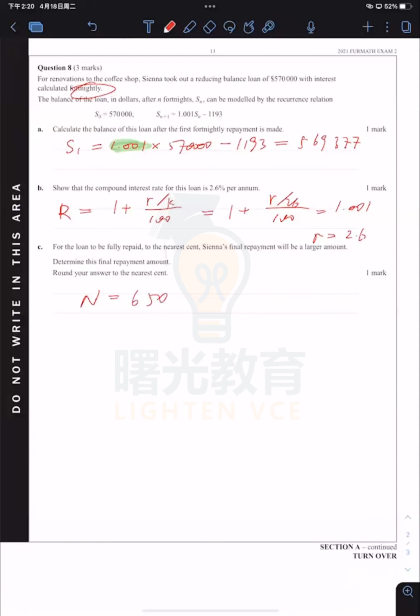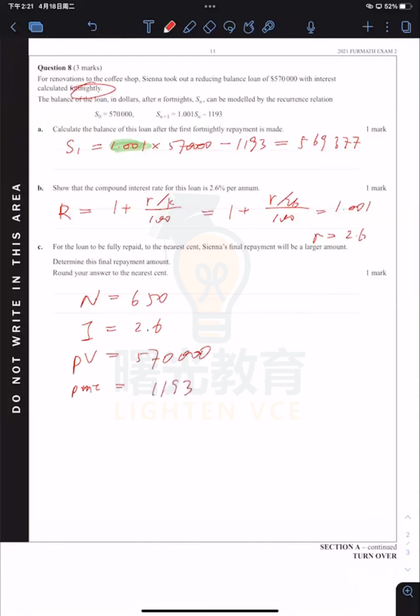And then for the I percent, we input the annual rate, 2.6. For the principal value, initially $570,000. For the payment, that is every time we paid $1,193.